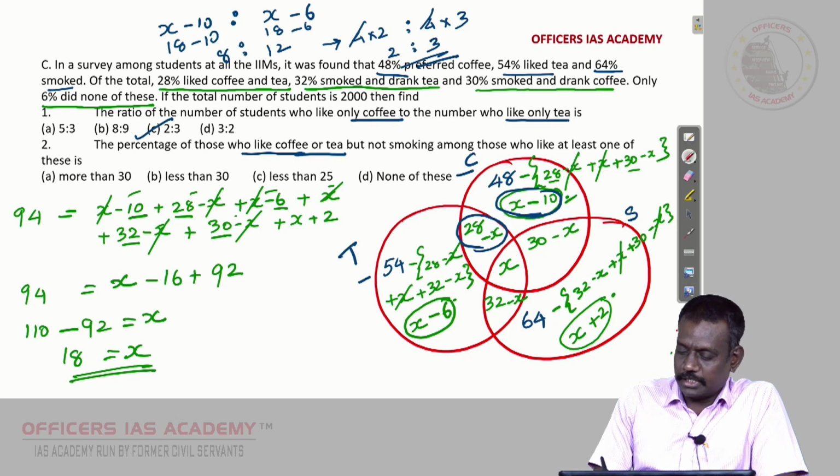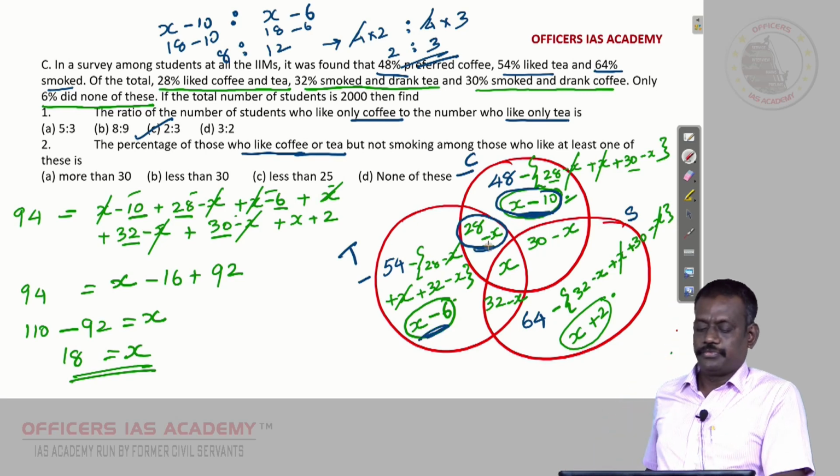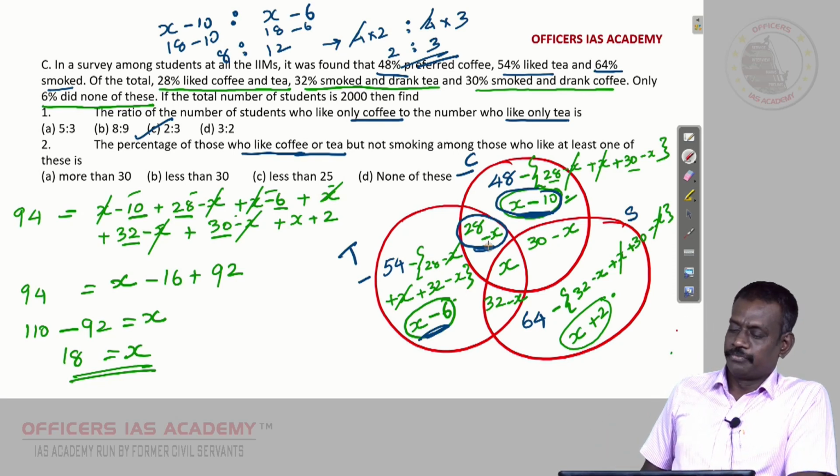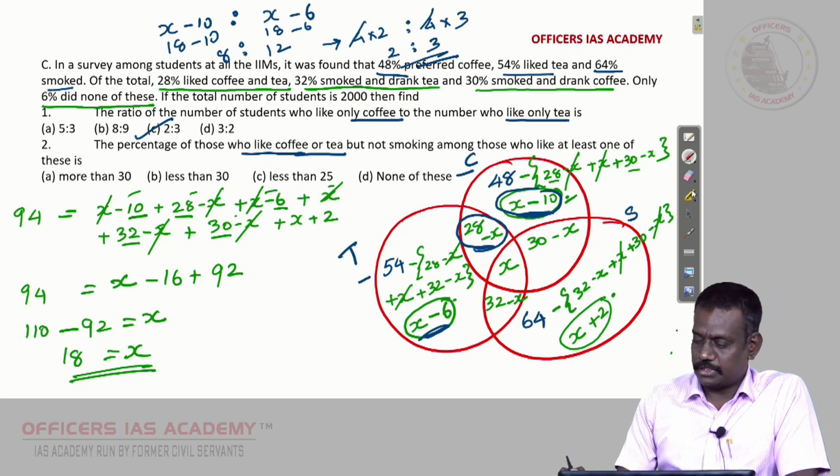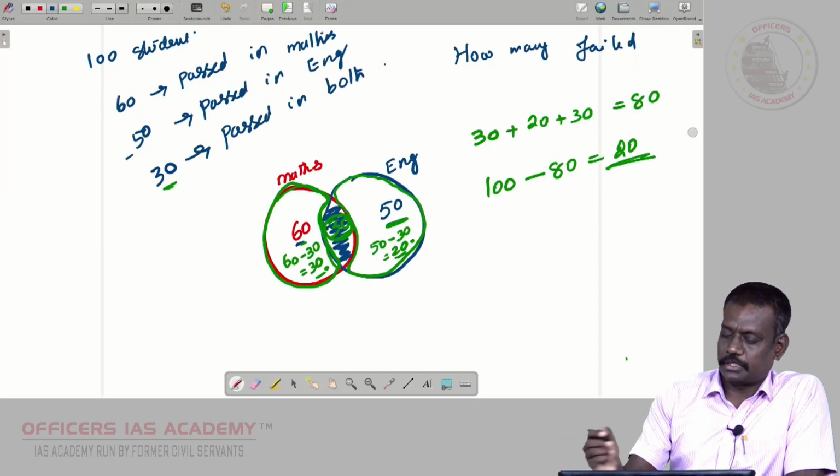So it means you can take coffee alone, tea alone, and coffee and tea, isn't it? So you have to take these three values. I don't have the space, so I will write it here in another color.